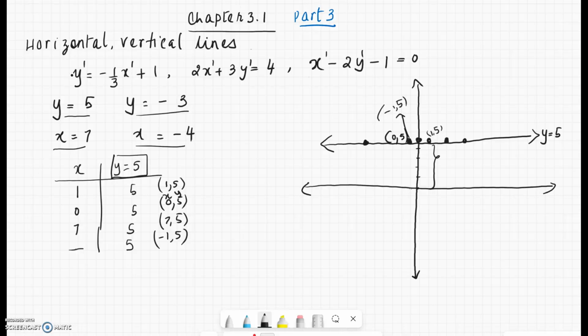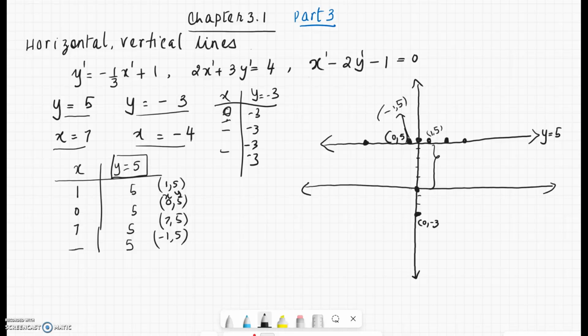Now you can think about what the line y equals negative 3 looks like. No matter what I plug in for x, my y is always going to be negative 3. So let's say I plug in x equals 0, my y is 1, 2, negative 3. So 0, negative 3.